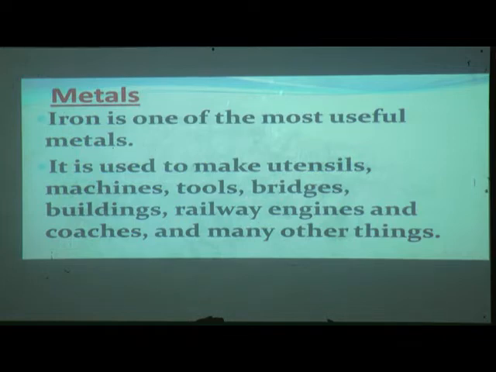In buildings also, as I just told you, while constructing we use iron to make pillars. Railway engines and coaches: iron is used for the outer body of the train, the railway bogies. Which material? Iron only. Many other things are made from iron, so iron is very useful.